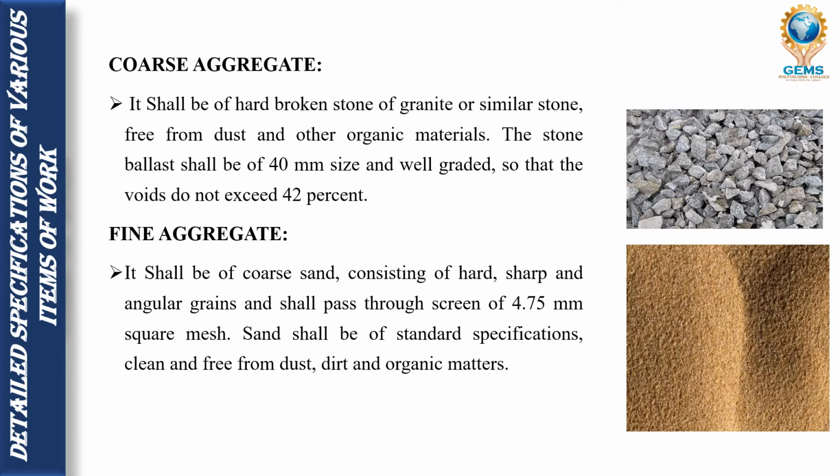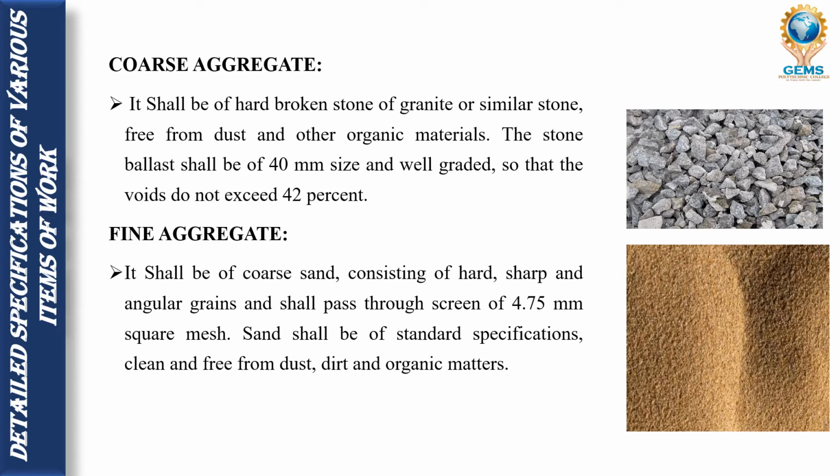The stone ballast shall be of 40 size and well graded so that the voids do not exceed 42 percent. Ballast is a material like gravel, that is, the coarse aggregate material. The size of the coarse aggregate should be 40 mm. This is the specification of coarse aggregate in PCC foundation work.